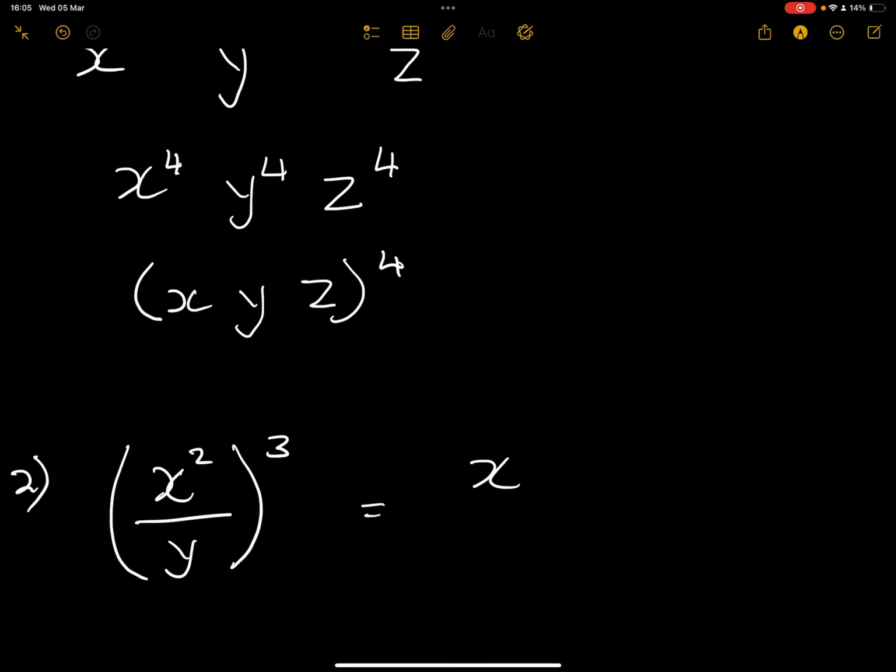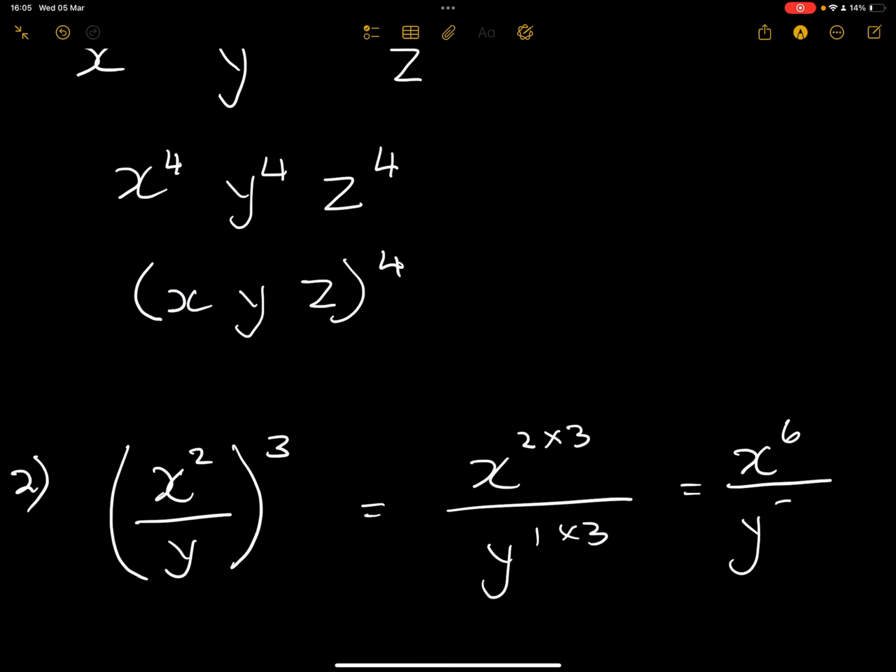I'll have x to the 2 multiplied by 3, divided by y to the 1 multiplied by 3. And so, in this case, that will give me x to the 6 divided by y to the 3. Right, so that's how I will write it. Of course, there are other ways in which I can write this down, but I am going to leave it in that format for now.